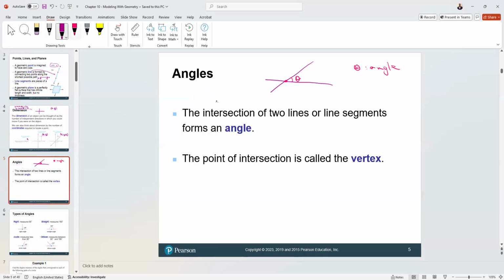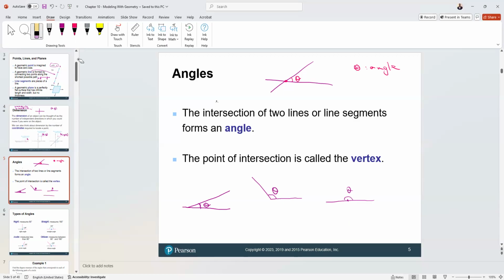Okay, so if we have a line and another one going like this, we can create an angle. That's one example of an angle, but angles can also be very straight, and let's consider this one also as an angle.